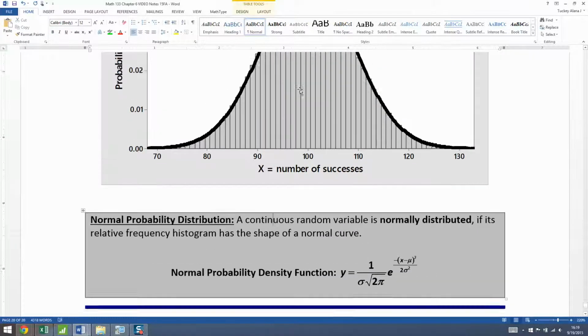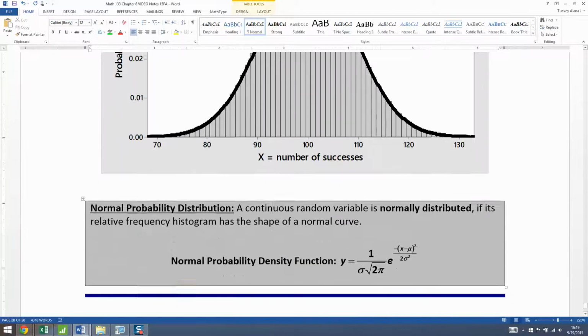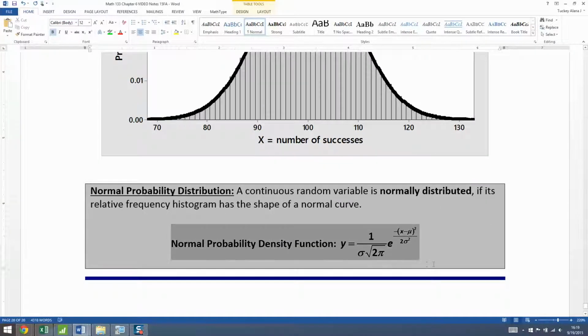That function, that black curve, this is the x-axis. There's actually a function for what that normal curve is, and it's this, where sigma is the standard deviation, e is Euler's number, pi is the same pi you know from circles when you were learning it in geometry, and mu is the mean.